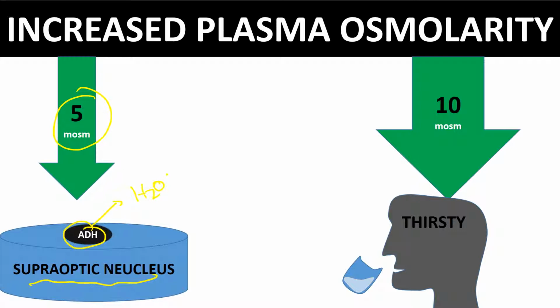So this will lead to only water absorption. This water comes into the blood and dilutes the sodium in the blood. It will thus decrease the osmolarity. It's one mechanism. Up to 5 milliosmoles, there is no problem.